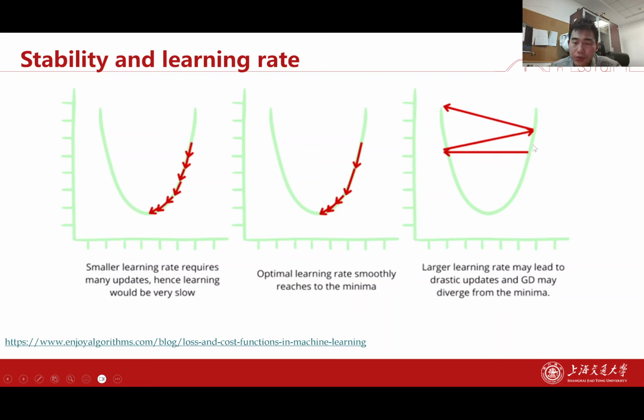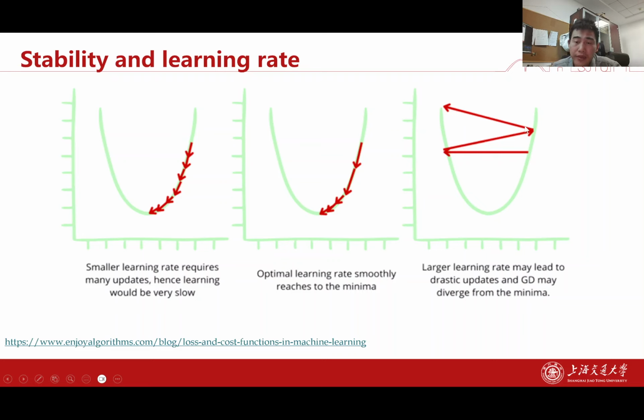But if you choose a very large learning rate, although the direction is right from this point to this minimum point, the step size is very large, so you will cross this minimum point to the other side, and the loss also increases once the distance from here to the minimum point is larger than the distance from the original point to the minimum point.